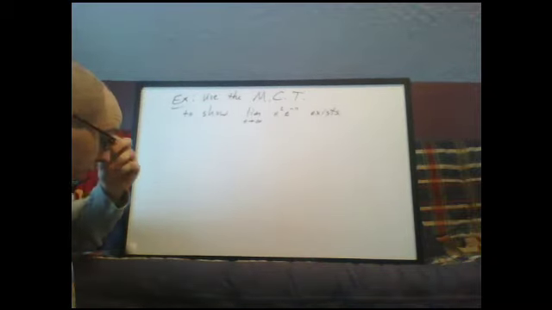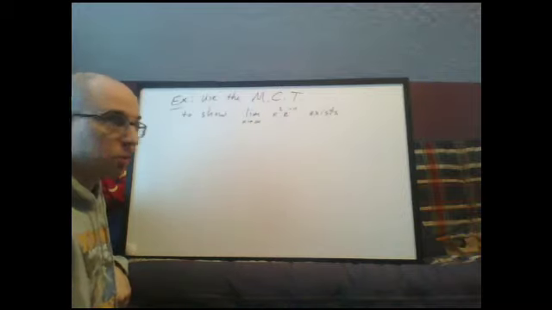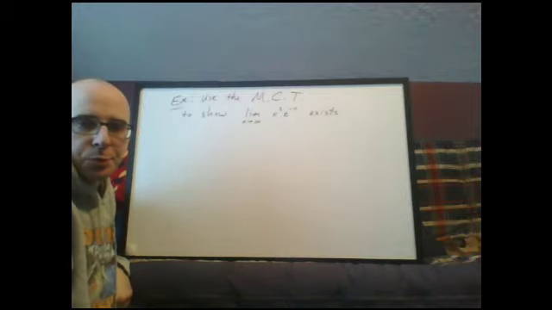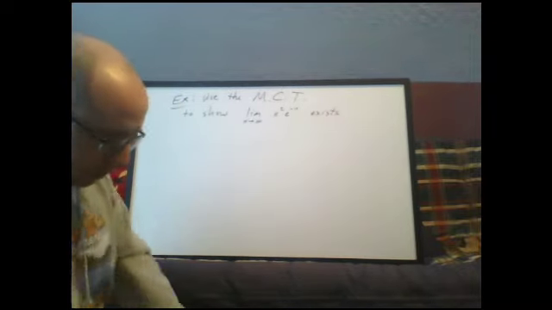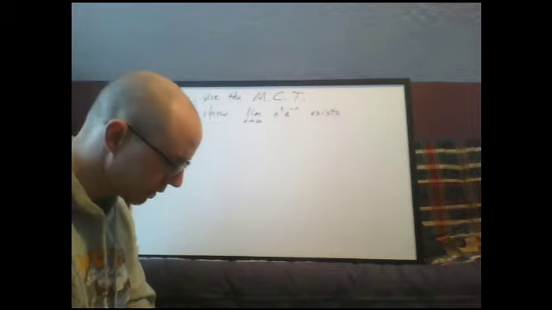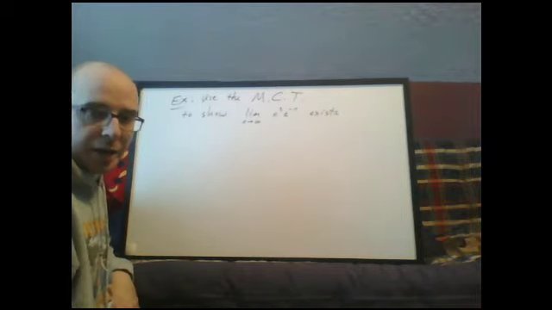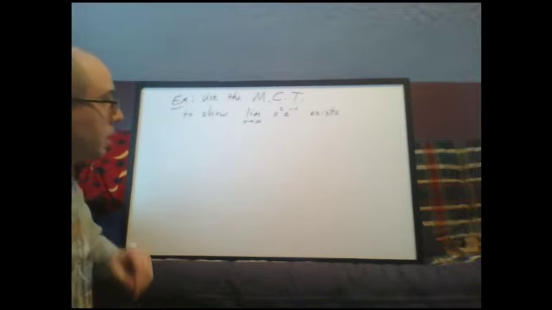So this is a little bit of an artificial question. This is a function that we could find the limit of using L'Hopital's rule. I want to ignore that just to illustrate how you might use the monotone convergence theorem in a situation where it's something that we can't directly compute.